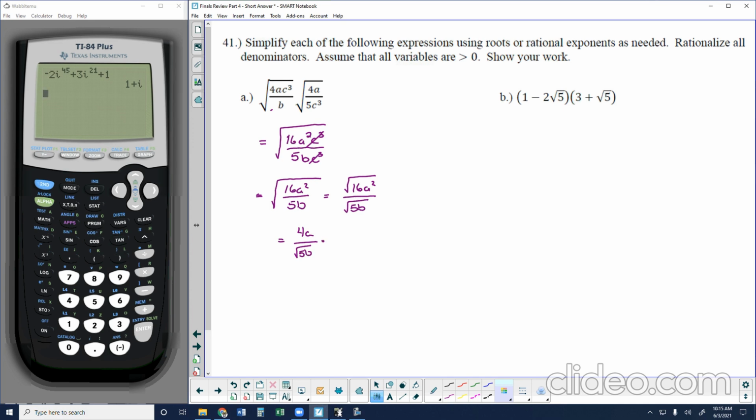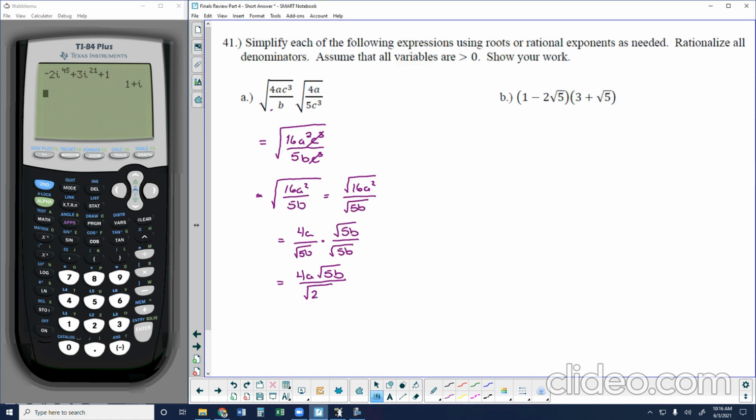Now I do need to rationalize the denominator, so to get rid of the square root, I need to multiply by a value that would change the radicand to something that could be square rooted. In this case, root 5b. If I combine the numerator, it just stays 4a over root 5b. But if I combine the denominator, it becomes root 5b times 5b.